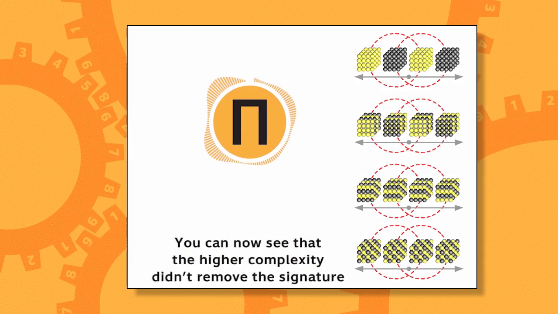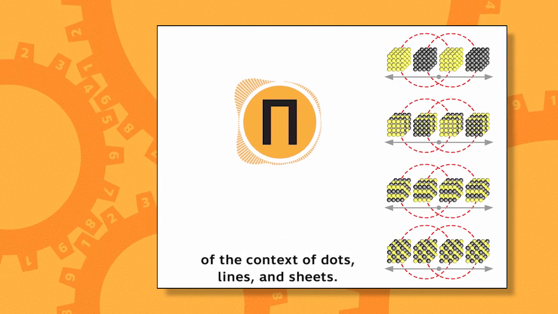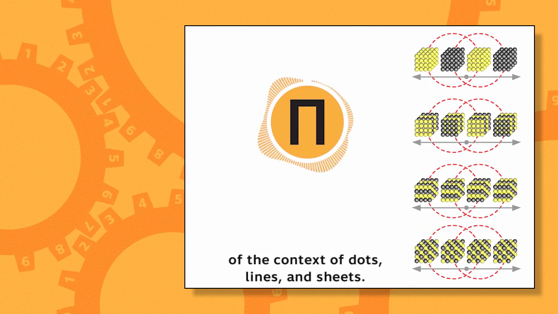You can now see that the higher complexity didn't remove the signature of the context of dots, lines, and sheets.